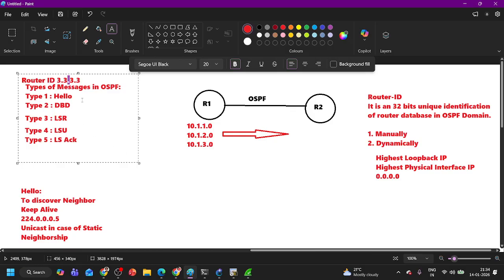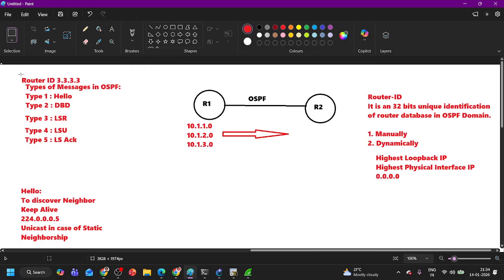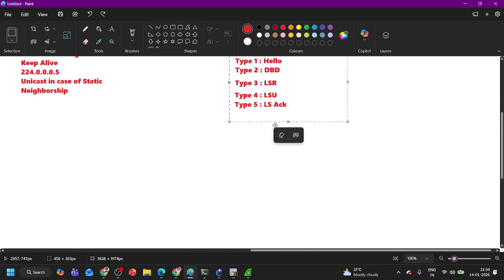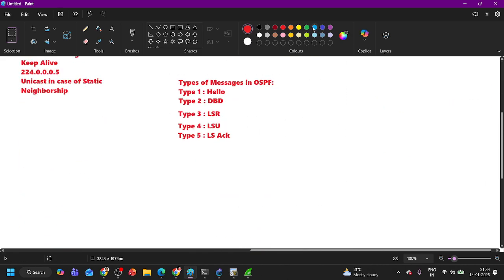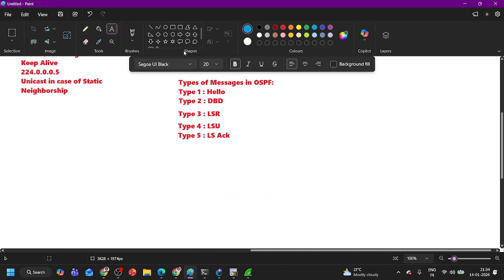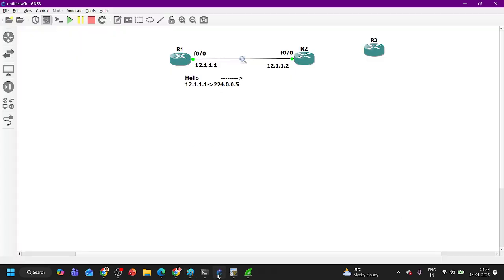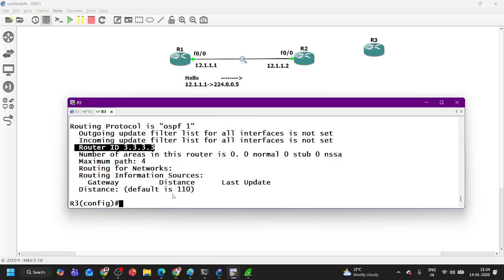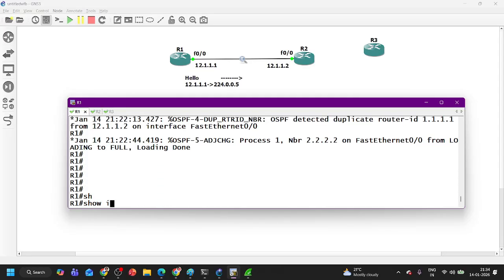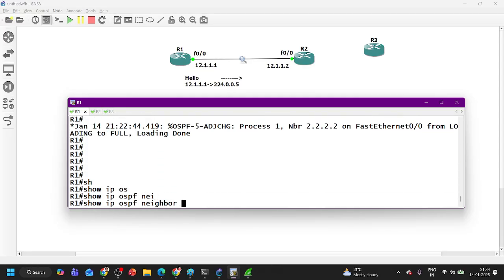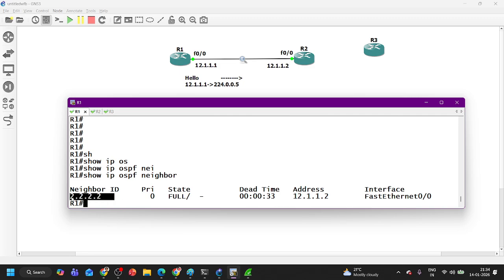These are messages, and here I am going to write states also. Neighborship states. Let me take it over here. If I talk about the neighborship state between two routers, here we can see the neighborship state is full, but before coming to full state, many things happen behind the scenes. So show ip ospf neighbor 2.2.2.2, neighborship is in full state, right?